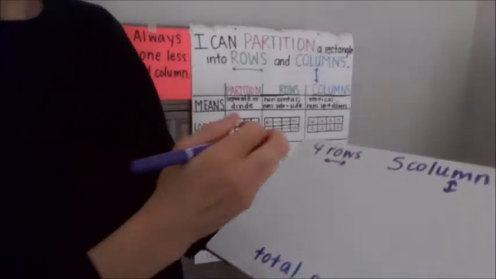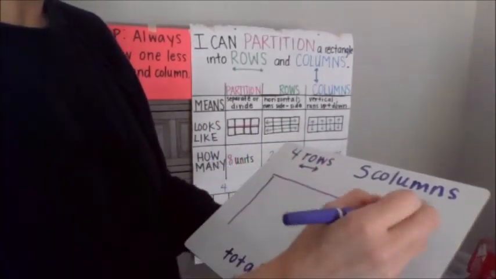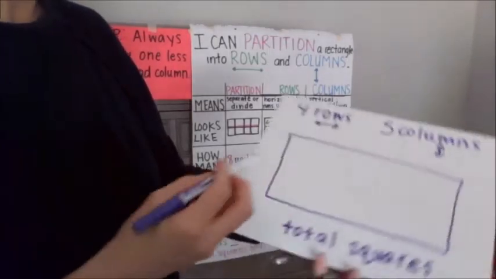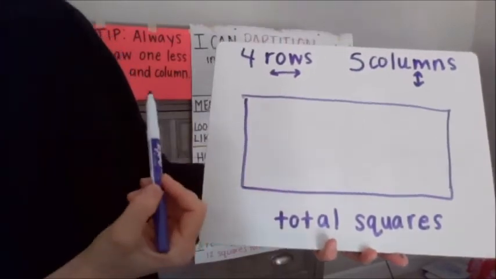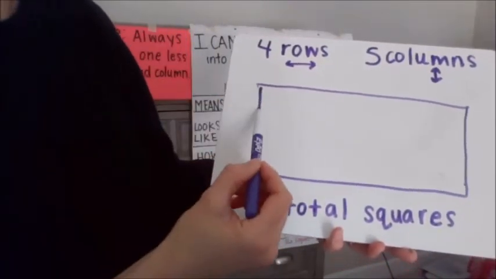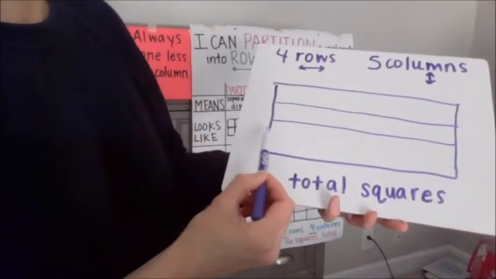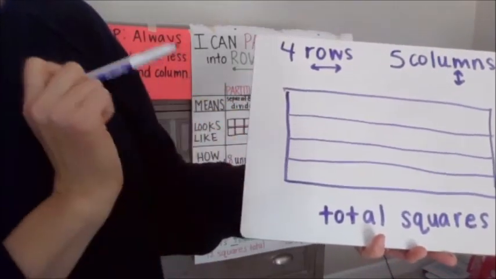All right, guys, let's go ahead and take a look at how you did. I know you guys did an excellent job. All right, so I've got my rectangle drawn. So I'm going to go with 4 rows here. So I draw only 3 lines. 1, 2, 3. So I have my 1, 2, 3, 4 rows.